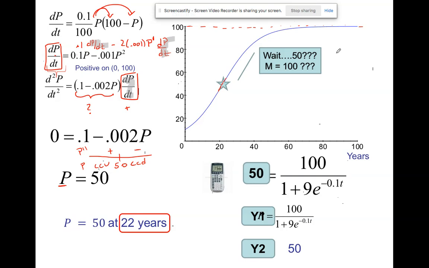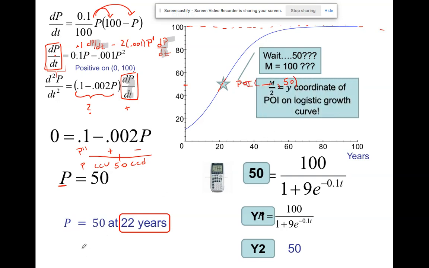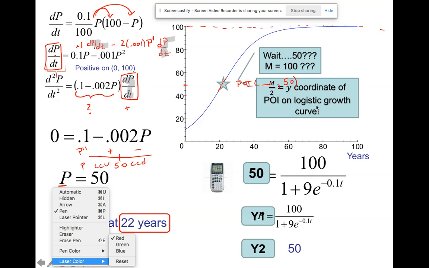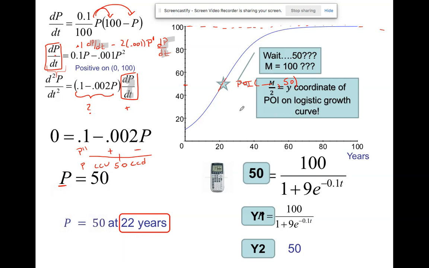Hey, what's the relationship between 50 and the carrying capacity, and the y coordinate of the point of inflection? That will always be so. Always be so. Put this in your notes.